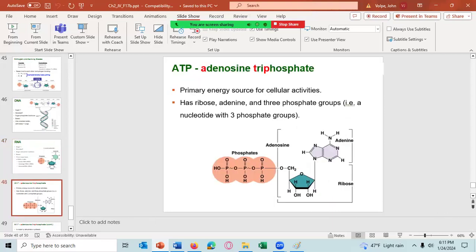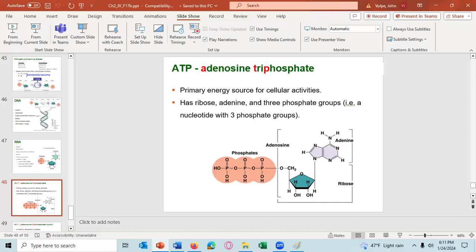ATP, adenosine triphosphate, is the last of the members of the nucleic acids I want to talk about. We need to talk about ATP a little bit because it is the primary energy source for cell activities. ATP is used whenever the cell needs energy.